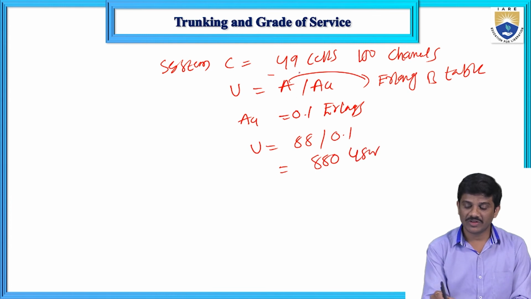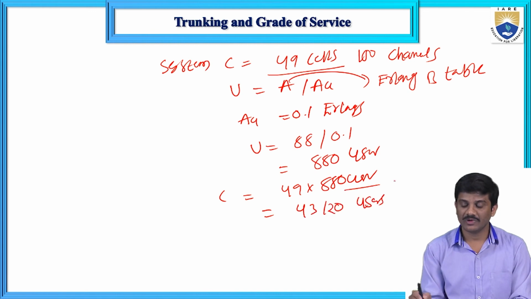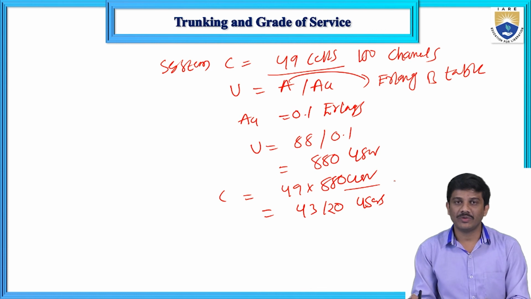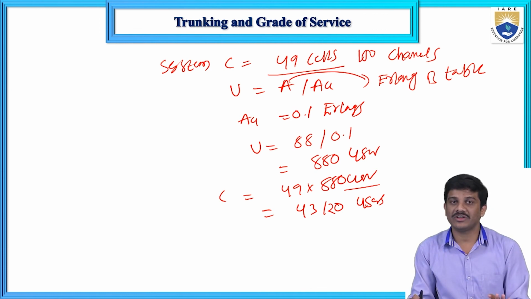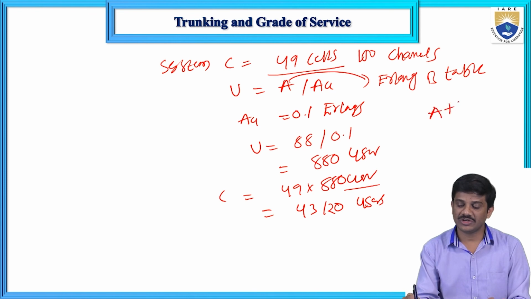Then we have 49 cells. For system C, 49 into 880 users. Then we get 43,120 users.